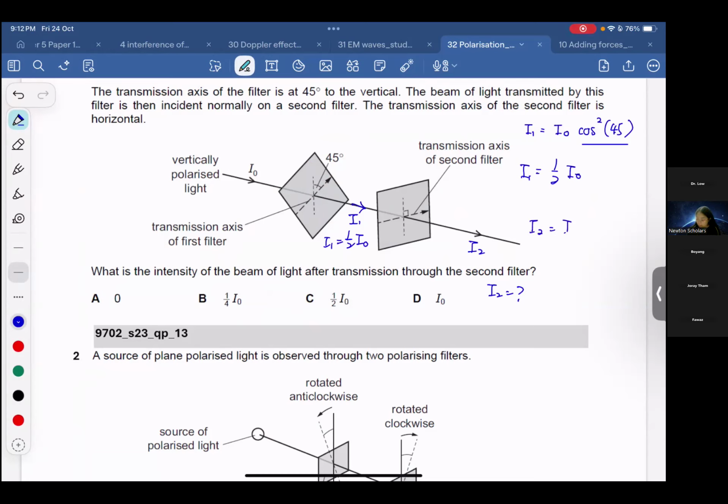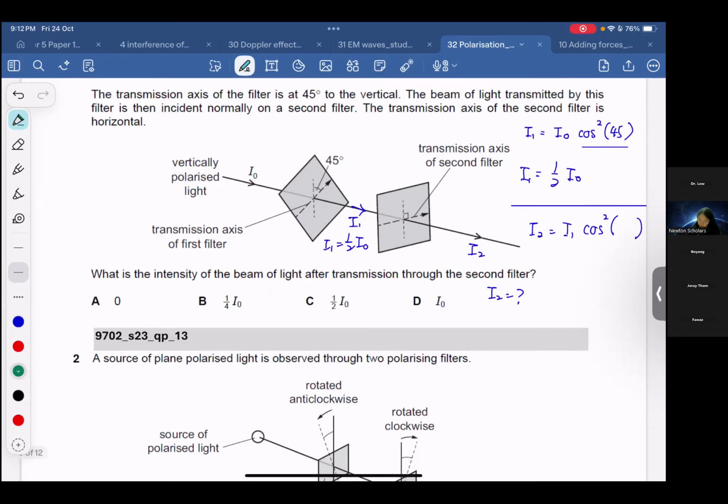I2 is I1 cos squared of the angle. What is the angle compared to your first filter? How much does it continue to rotate? How much is the angle difference between the first and the second filter? Just now 45 was somewhere here.